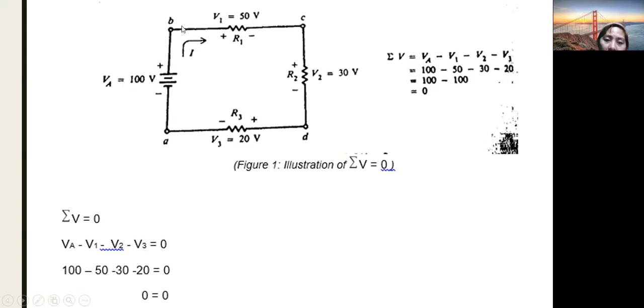The question now is, how about if our starting point is B and we do the opposite direction, B, A, D, C, B? What will now be the sign for the voltage applied?